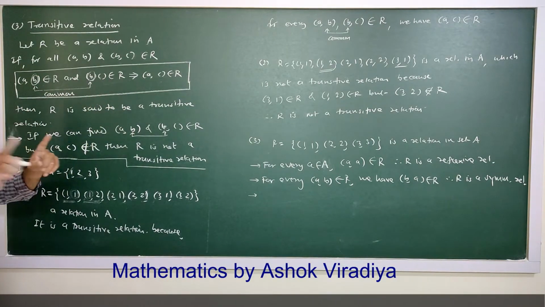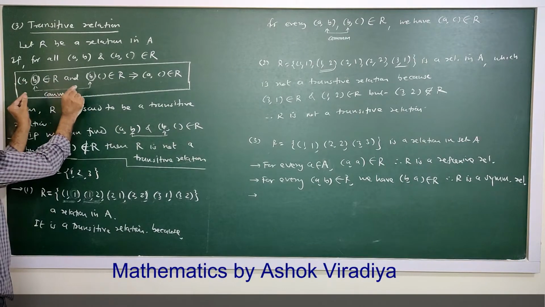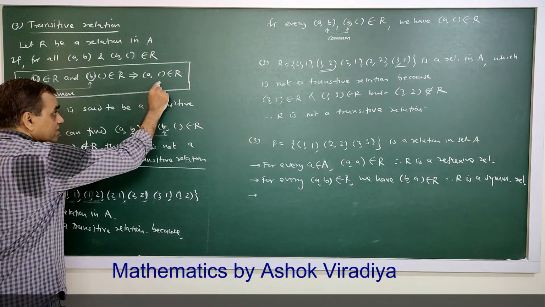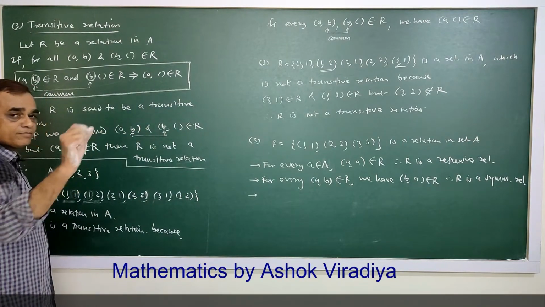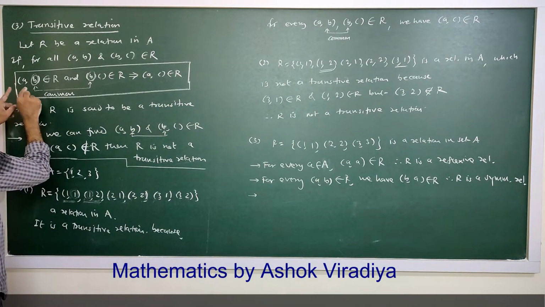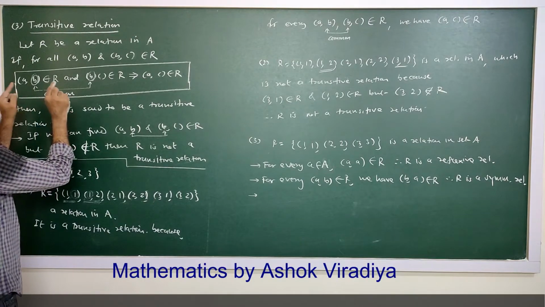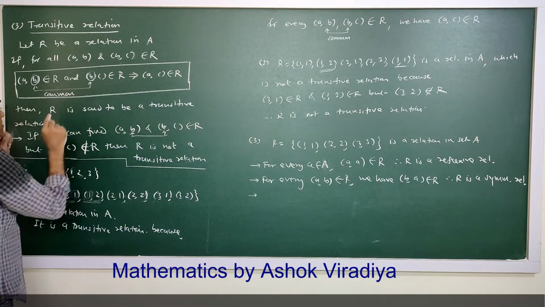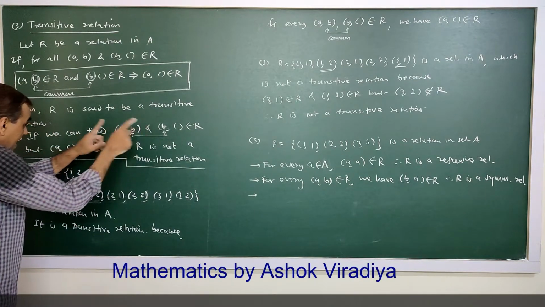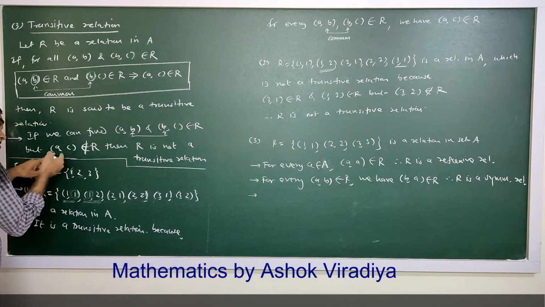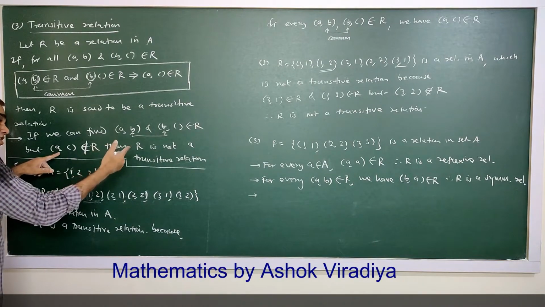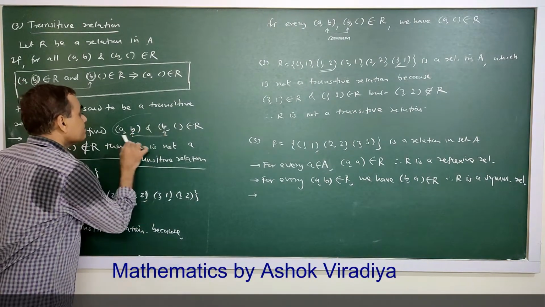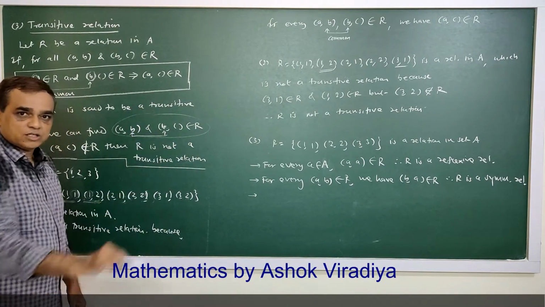If you can find such a pair in which b is in common, then check the existence of (a,c). First requirement is b common. Then if you find b common and (a,c) does not belong to R, then it is not a transitive relation. So the existence of (a,b) and (b,c) is a must to check this property.